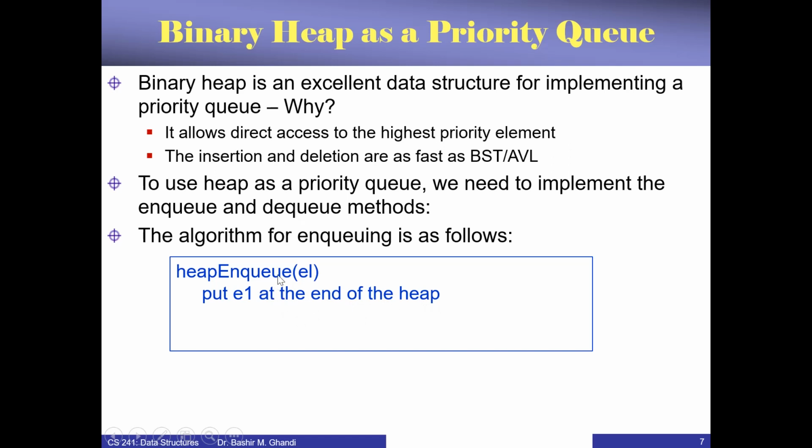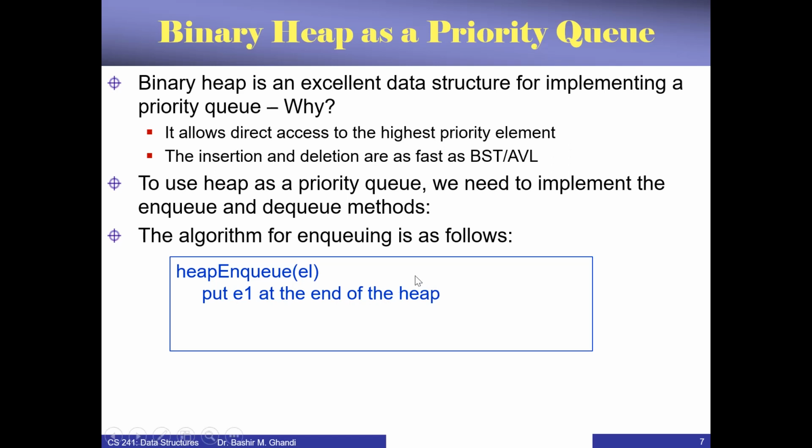So if you want to add any new element, you have to go to the last level and put it to the right. If that level is full, then create a new level and put it to the left. Okay, so put the element E1 at the end of the heap.